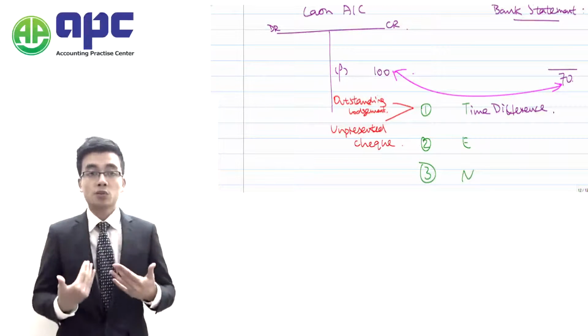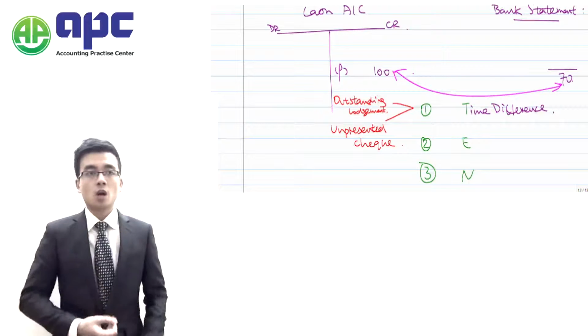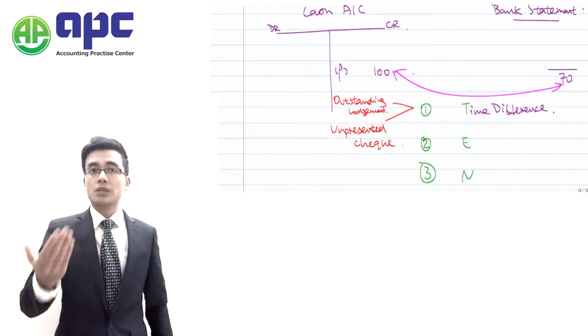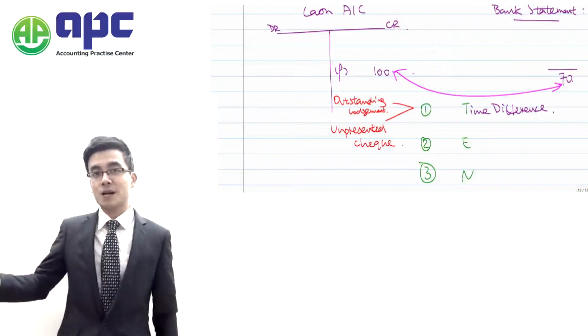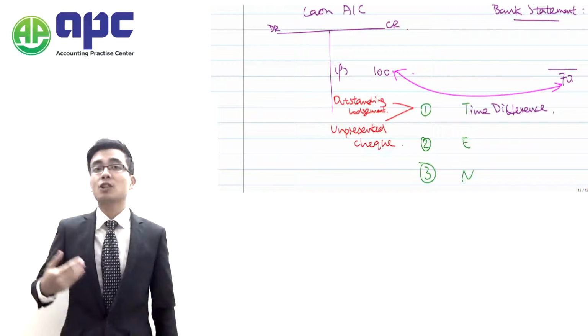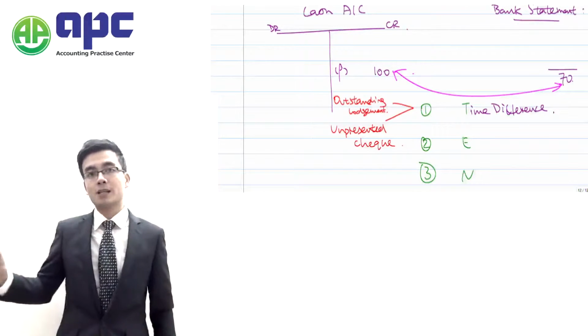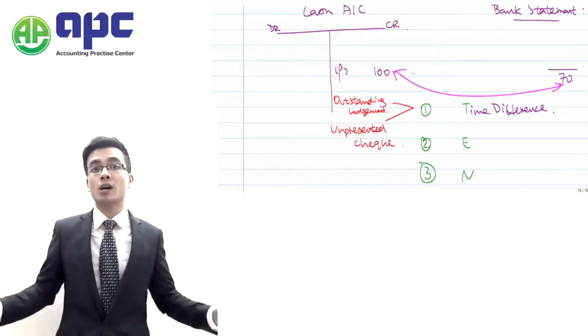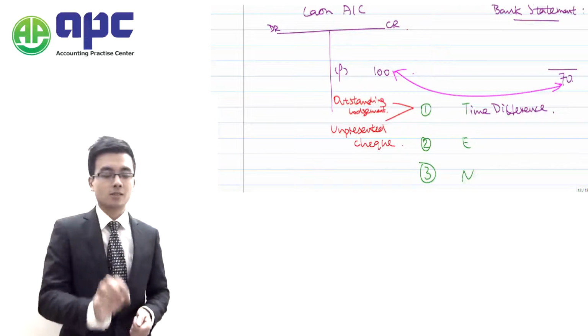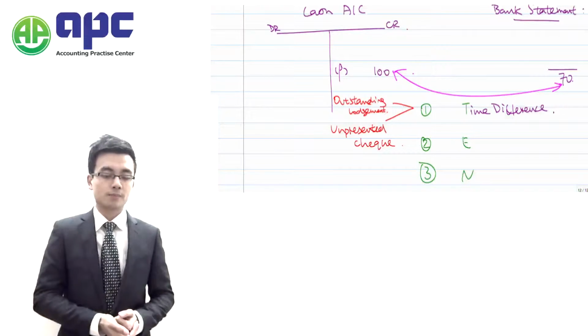When we bought inventory, for example, we sent out a check to a supplier. The supplier received the check but hasn't gone to the bank to receive the money from us, and hence of course we haven't deducted the value from our bank account, because the bank is unaware of this since the supplier hasn't gone to our bank. That's what causes the unpresented check.